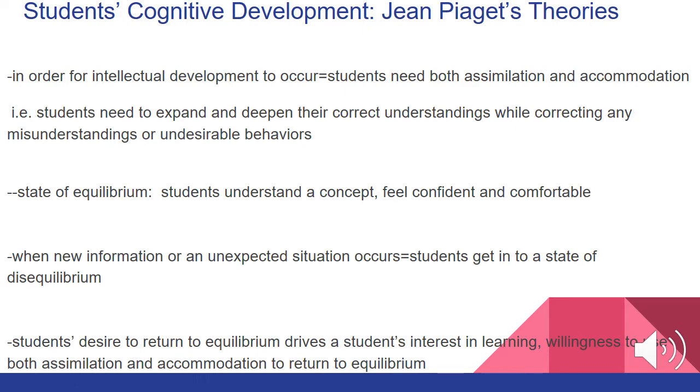So they're willing to both assimilate or expand on their prior knowledge, or accommodate or correct their incorrect misconceptions, because they want to return back to an equilibrium where they feel confident that they are knowledgeable and that they know all that they can about that subject that they need to know to be successful in their environment.